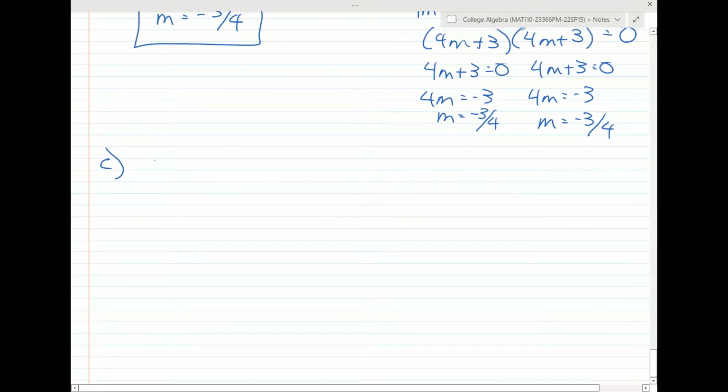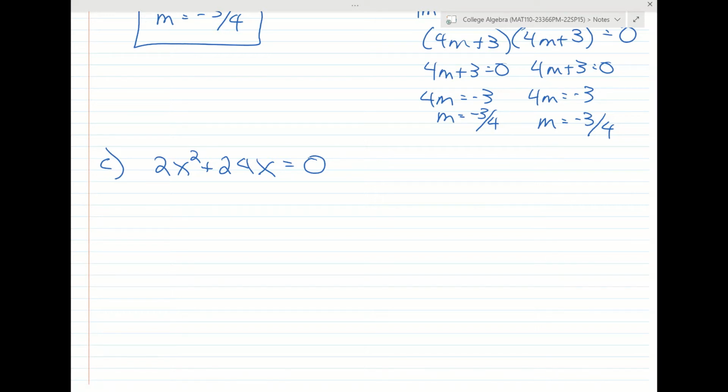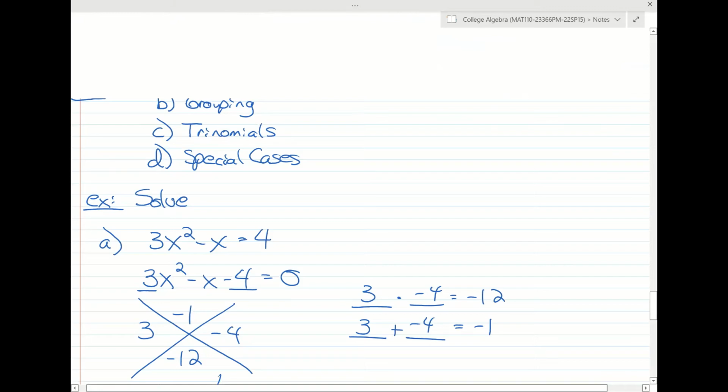What if we had 2x squared plus 24x is equal to 0? It's already equal to 0. If you go back to the recipe we had up here, I'm just going to do a little copy and paste.